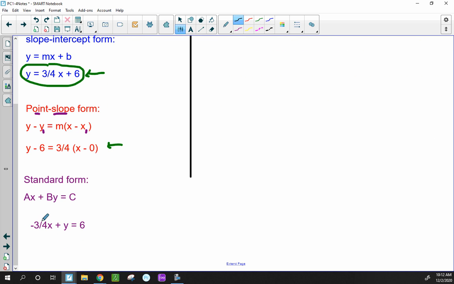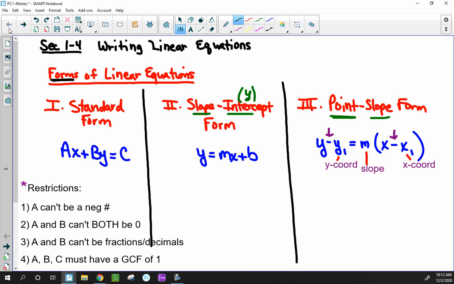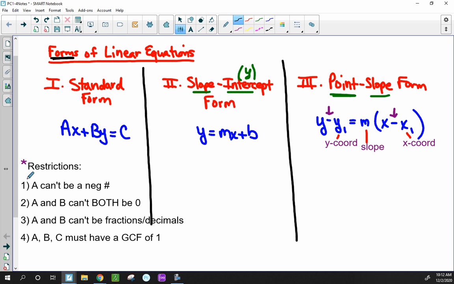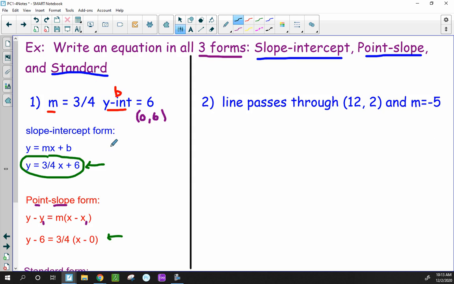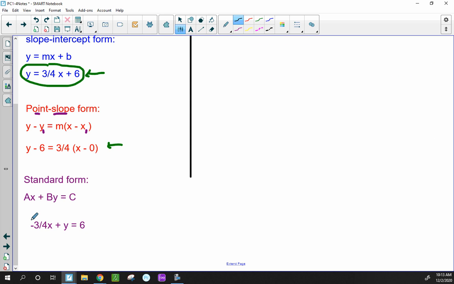Oh, and I see another problem too. It's a negative, and according to what we've written down, we've violated this one, and we violated this one. So your job is to now get rid of both the negative and the fraction. I'm going to do this one step at a time.